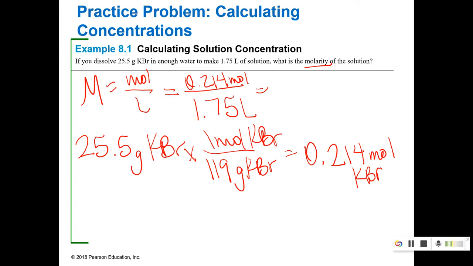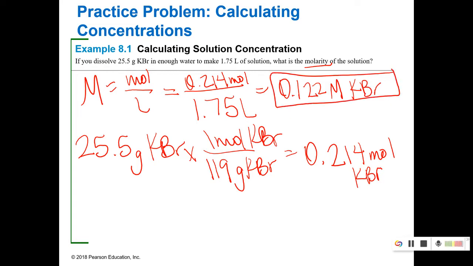Okay, and then we just do the division, divided by 1.75. Now I get, don't forget sig figs, 0.122 molar KBr. So when you say concentrations that are in a molarity, you call them molar, kind of like the tooth.